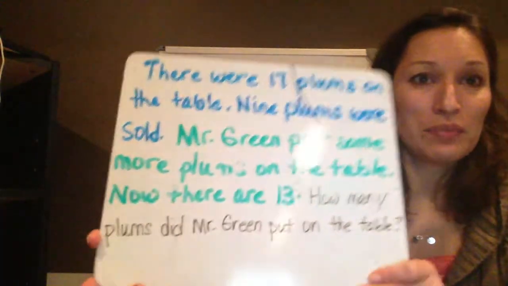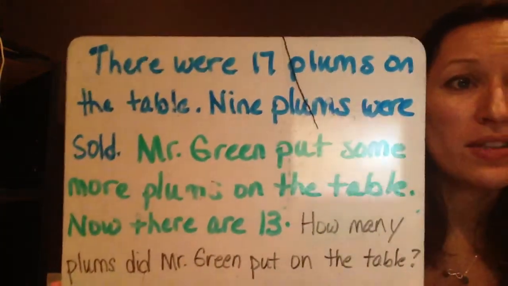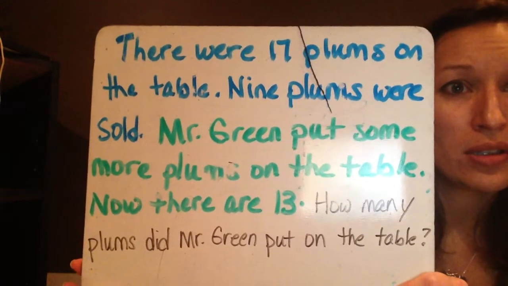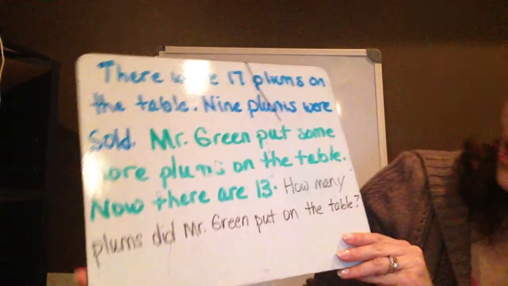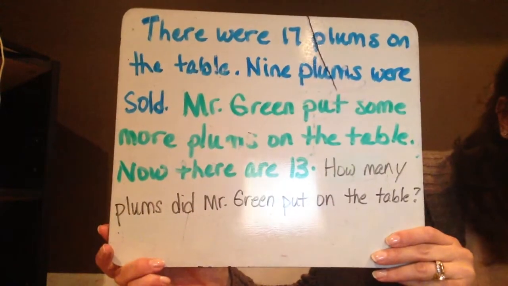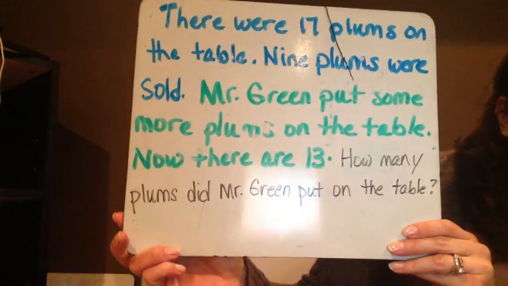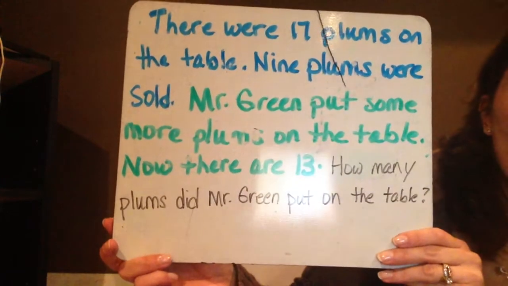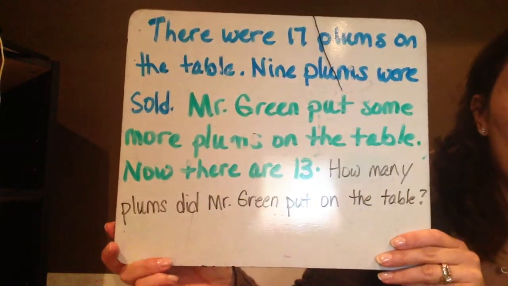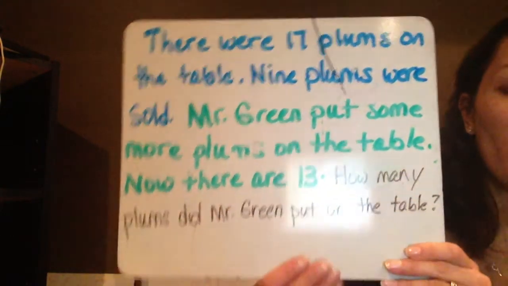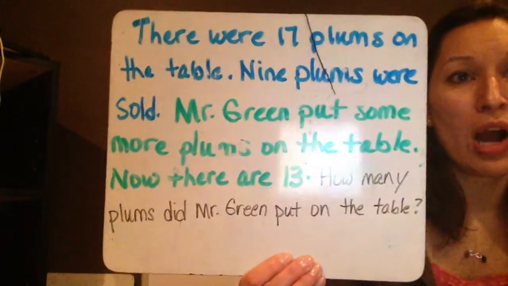Let's take a look at this one. There were 17 plums on the table. 9 plums were sold. Mr. Green put some more plums on the table. Now there are 13. How many plums did Mr. Green put on the table? So you can see there are 3 different colors with this problem.